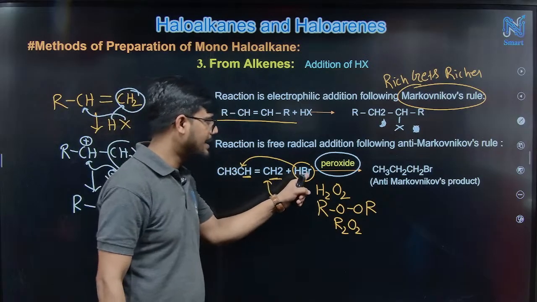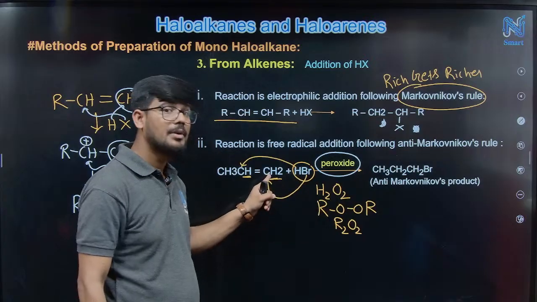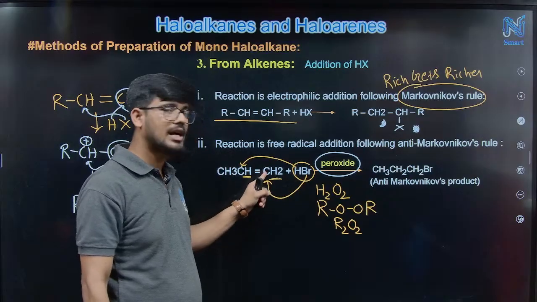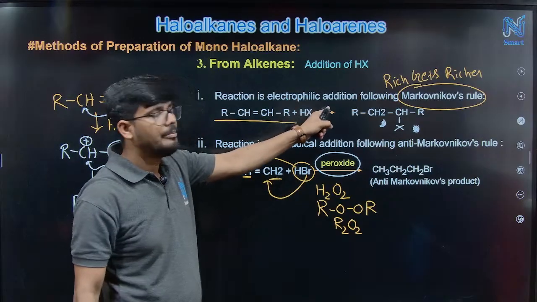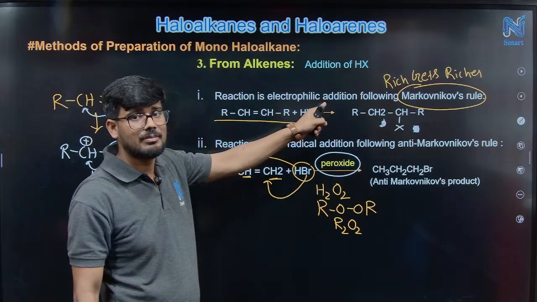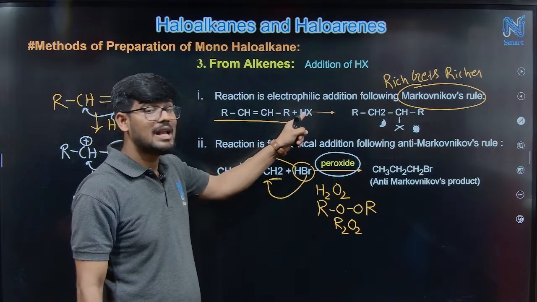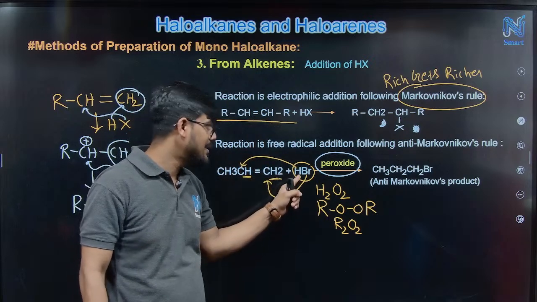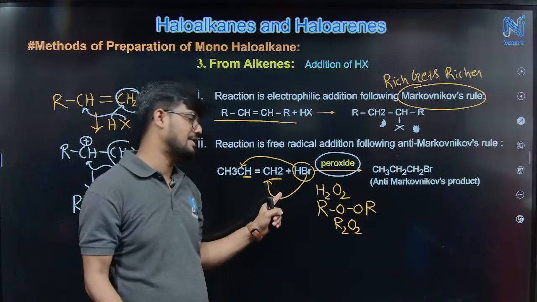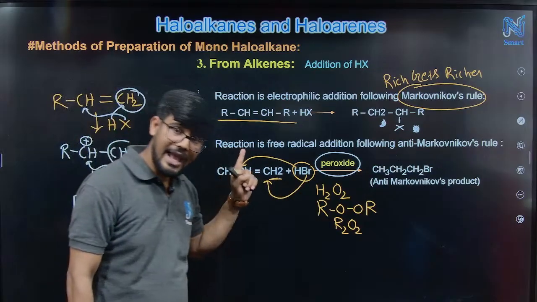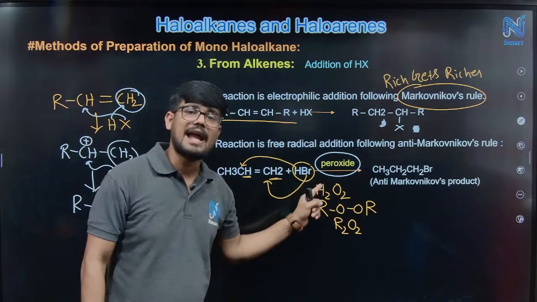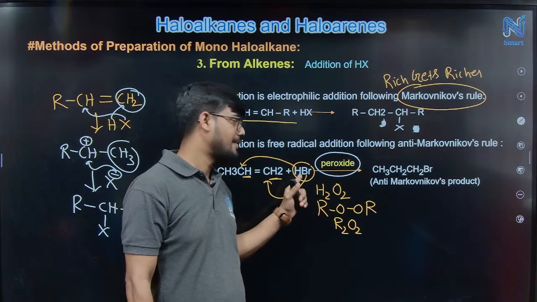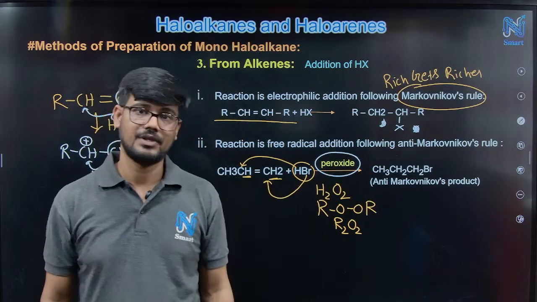Here X will attack the carbon which is having more number of hydrogens. In Markovnikov's rule, X attacks the carbon having less number of hydrogens. Again I am repeating: you will observe these Anti-Markovnikov products only if HBr and peroxides are present, correct?